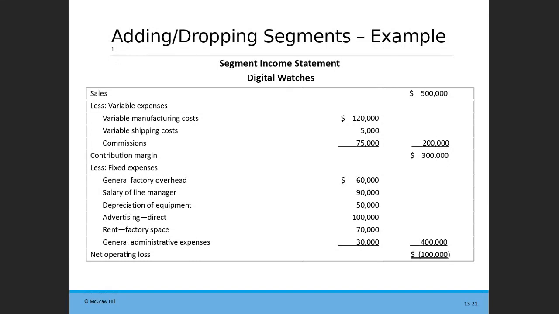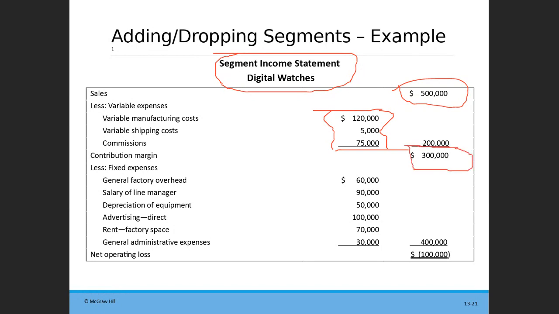So let's take a look at this segment. We're going to look at just the segment income of these watches. If we look at just the watches, we sell $500,000 worth of watches. Here are the variable expenses. For every watch I make, here's my cost, just the variable. When I'm done, these watch sales are contributing $300,000 to cover fixed expenses.